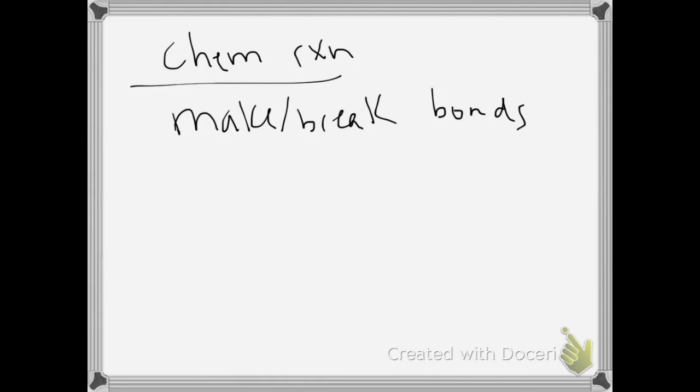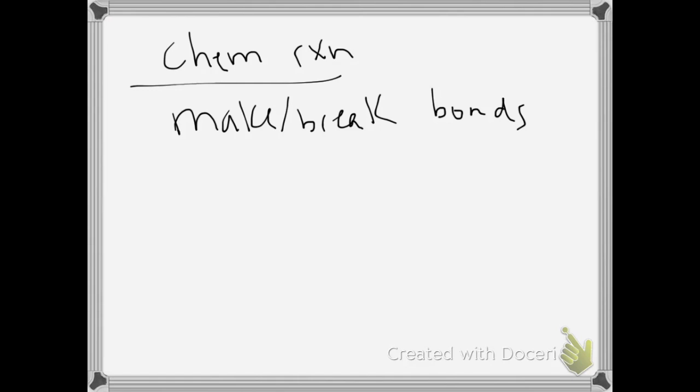And when they bump into each other, when they're in the right orientation, when they have the right speed, all that sort of stuff, they can change their orientation, so different atoms can then be bound to other atoms. And let's just get into some examples.